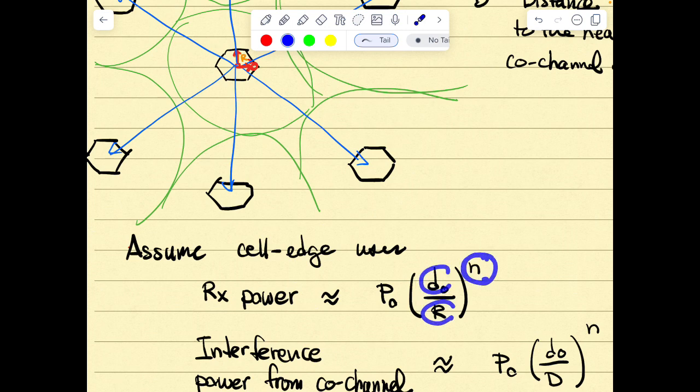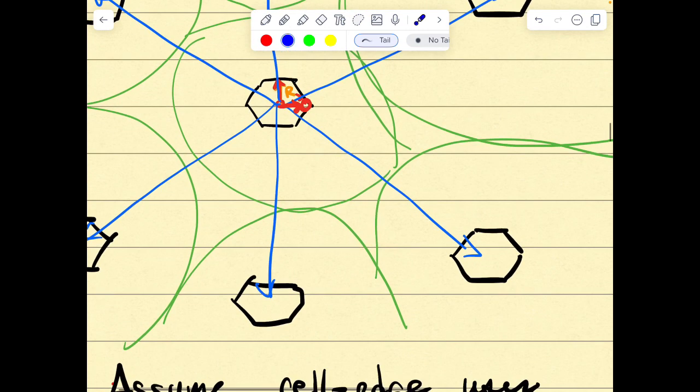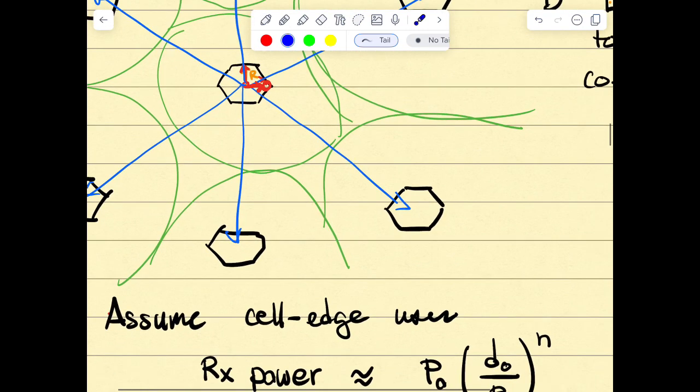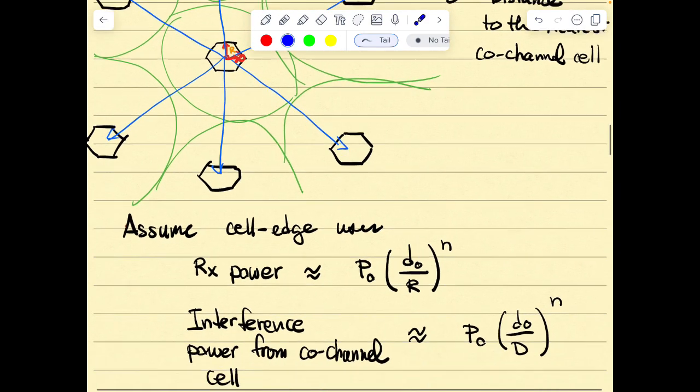Remember, n is the path loss exponent. If R, the cell radius, is bigger, then the received power will be smaller, because we assume the user is at the cell edge, R meters away from the base station.